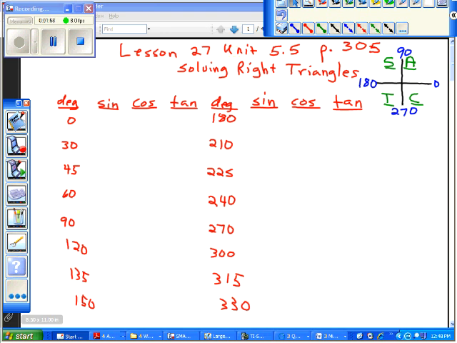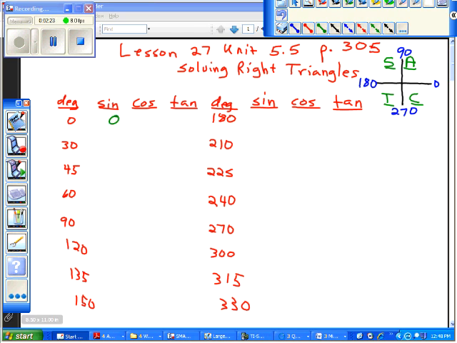Now, first of all, we're going to just get the memorized ones. We've already taught why they are what they are with 30-60-90 and 45-45-90 right triangles, so we're not going to rediscover it. We're just going to show what we're supposed to memorize. I'm going to put all the memorized stuff in green. The sine of 0 is 0.